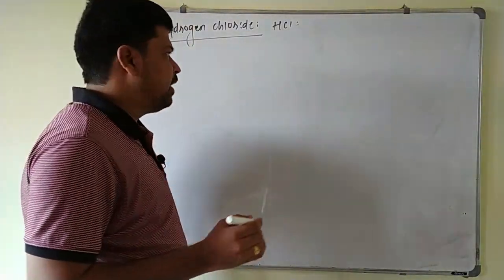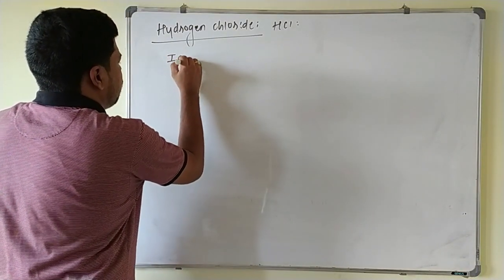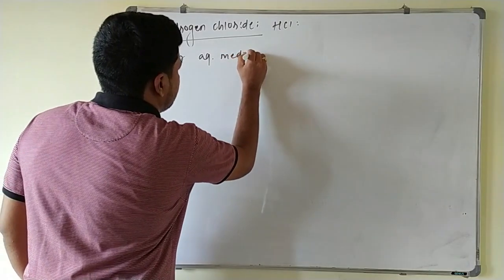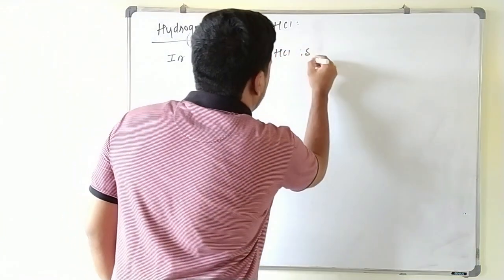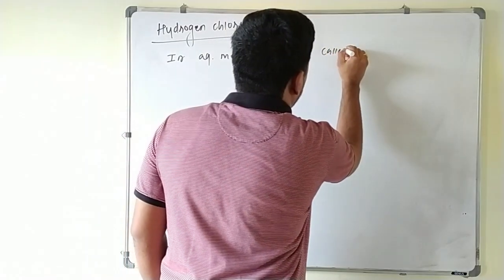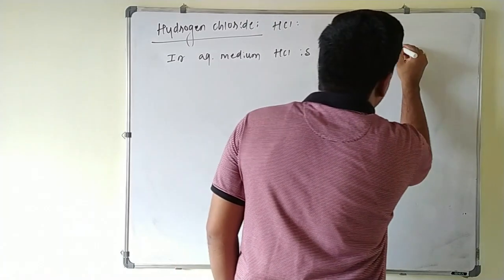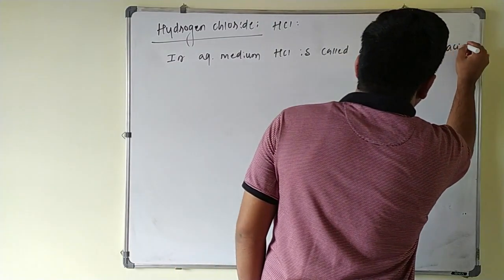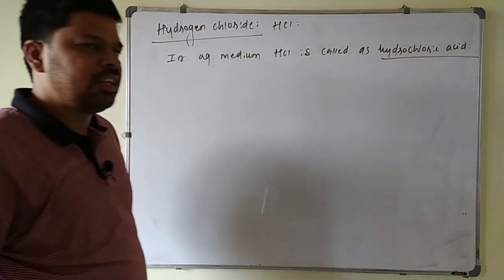So in aqueous medium, HCl is called as hydrochloric acid. So in the aqueous medium only it is acid, in the gaseous medium it will not give a single proton also.